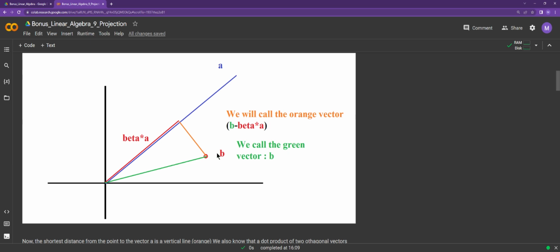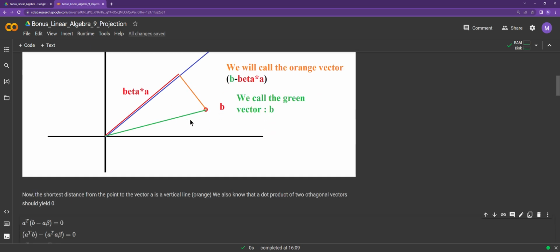So if you have a green vector, and you have a blue vector, and you want to project a vertical line from the end of this vector onto the blue vector, okay, we knew that there would be this beta value, which is a scalar that if multiplied by vector A would give us a vector of that sort of magnitude.